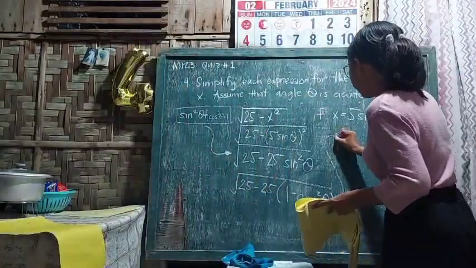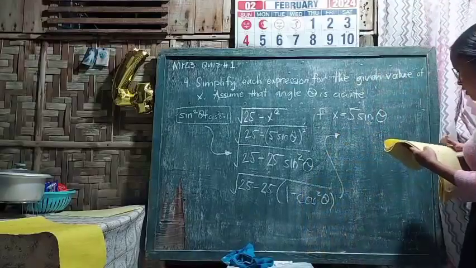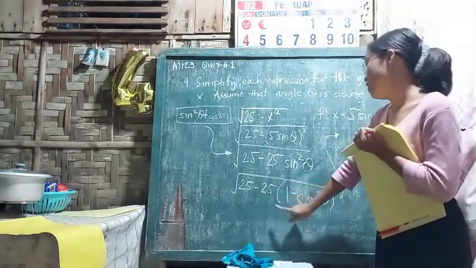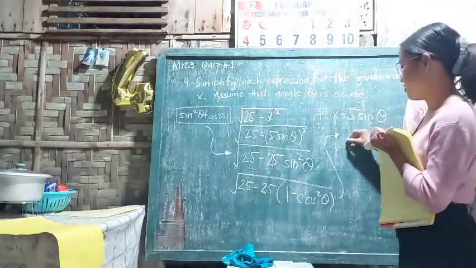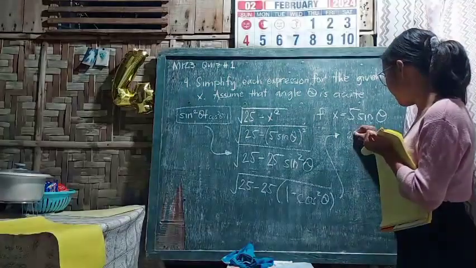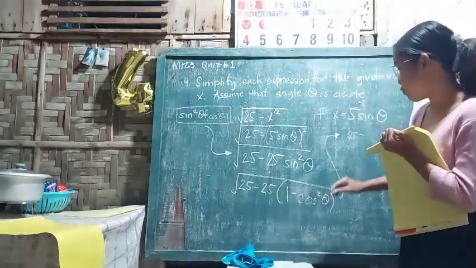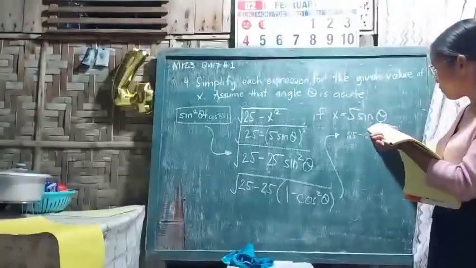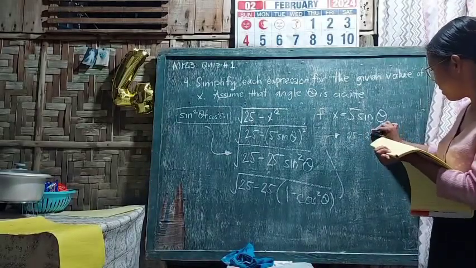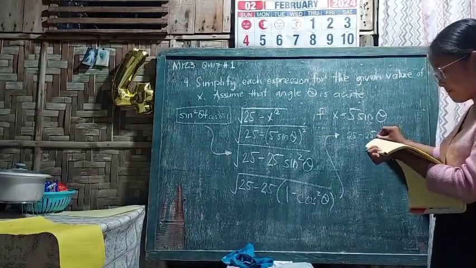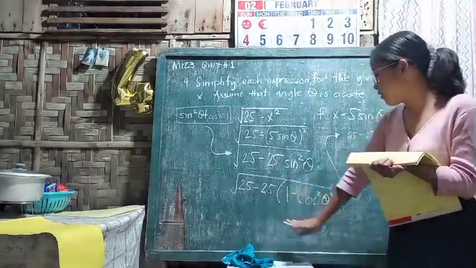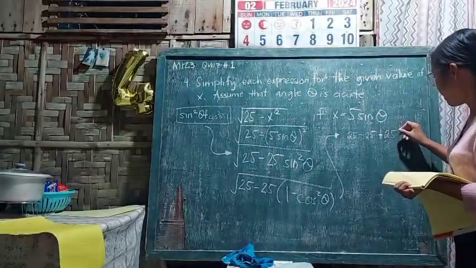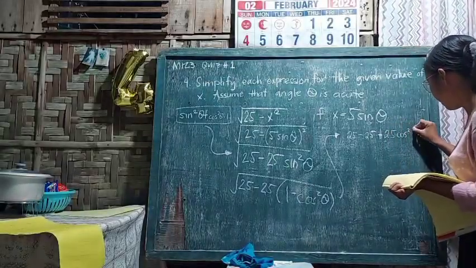Now after that, we are going to distribute 25 over here in the parentheses. 25 minus 25 times 1 would become 25, plus 25 times cosine squared theta would become 25 cosine squared theta.